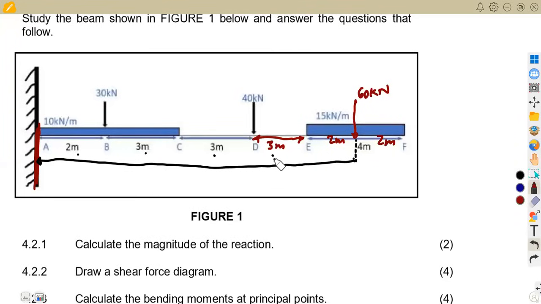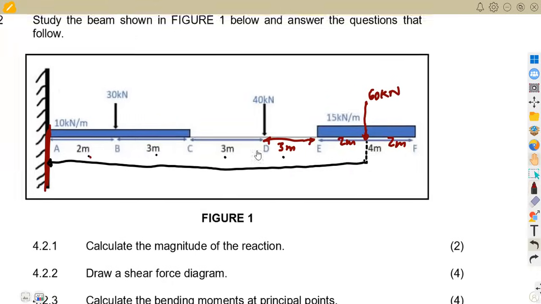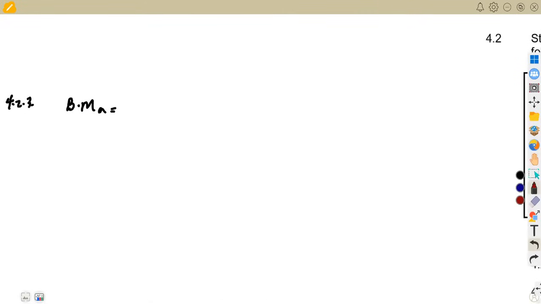So that is 2, 5, 8, plus 10, which is going to be a total of 13, all right, plus this 3. So we're going to have a total of 13 from this point. So it's 60, which is negative because it's facing down. You're going to take this as 60 times 13 from this point up to A. So that's a negative 60 times 13, force times distance.